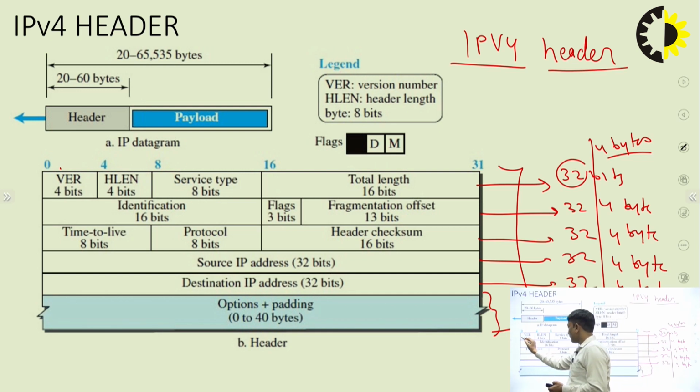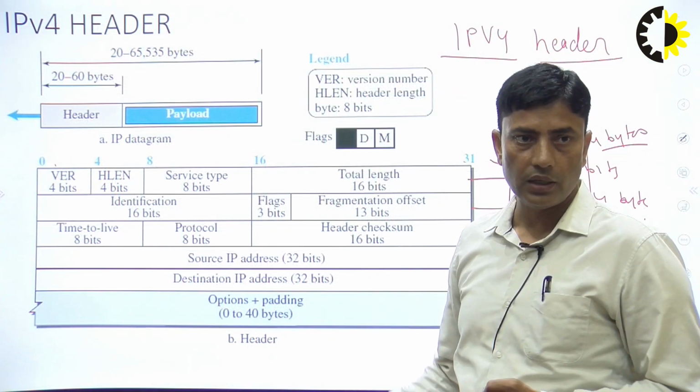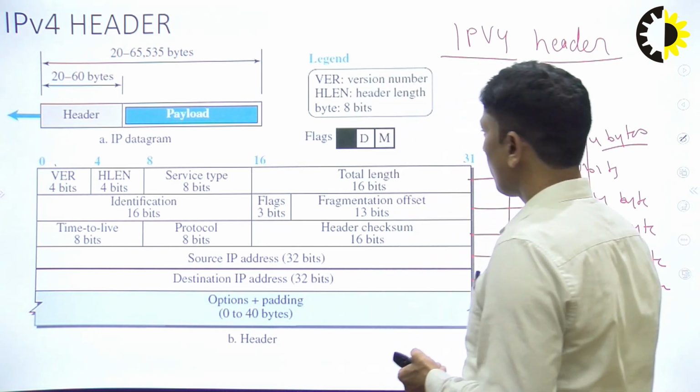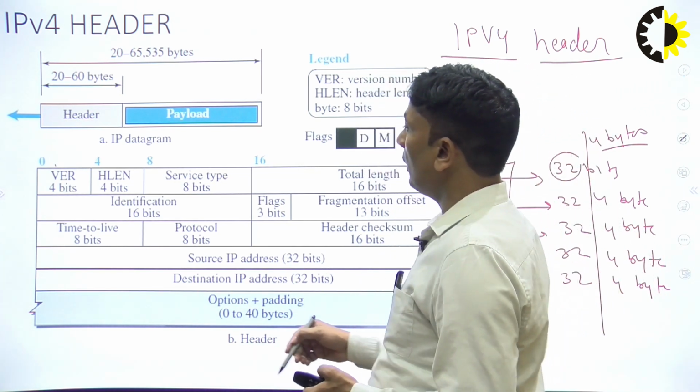The first row has some different fields. The second row also has certain fields, the third row too, and similarly the fourth and fifth rows. Let us see the meaning of these fields.